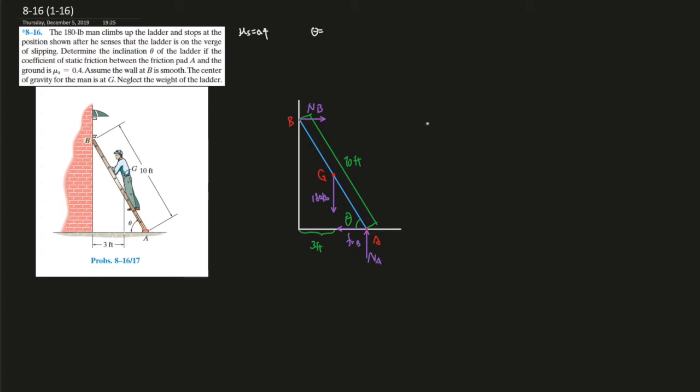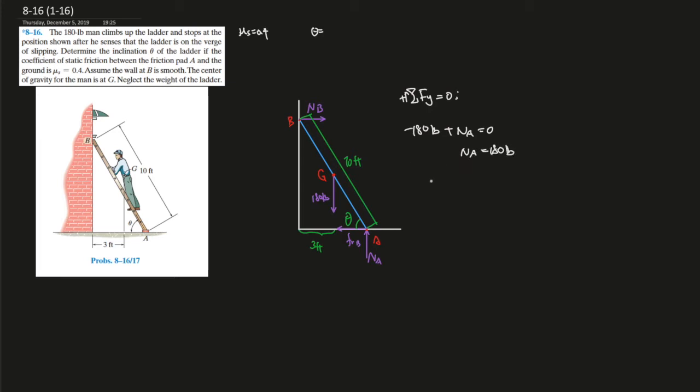All right, as we always do, find the global equilibrium. Sum of the forces in the y direction equals 0, going up is positive. So that means minus 180 plus NA, the normal force at A, equals 0, so NA is 180 pounds.